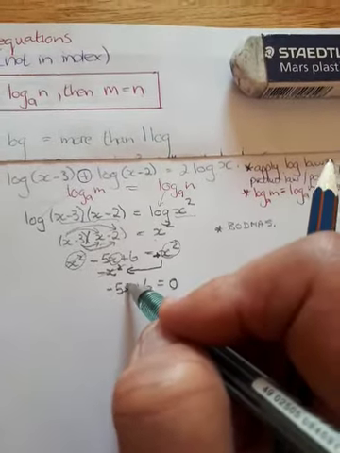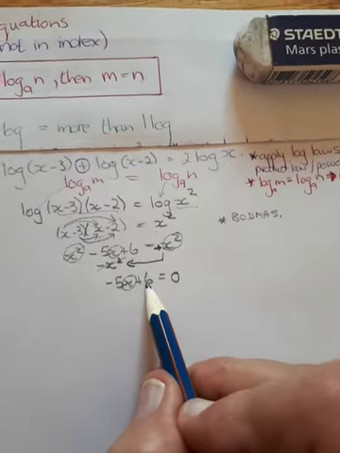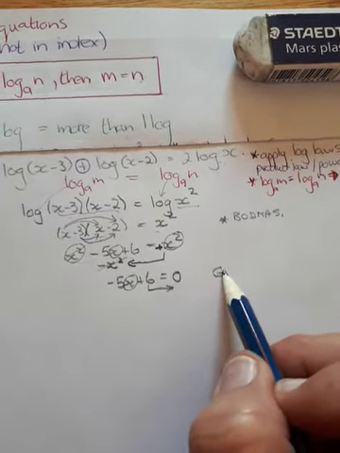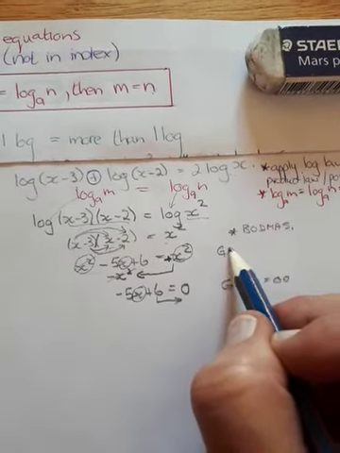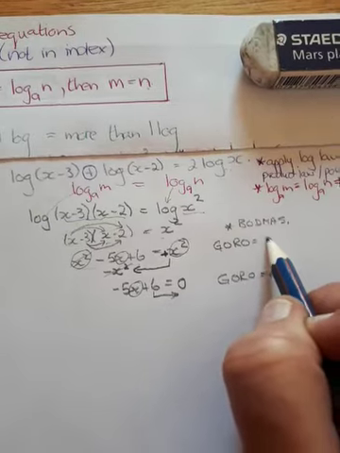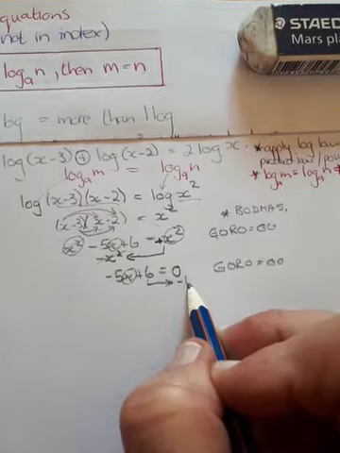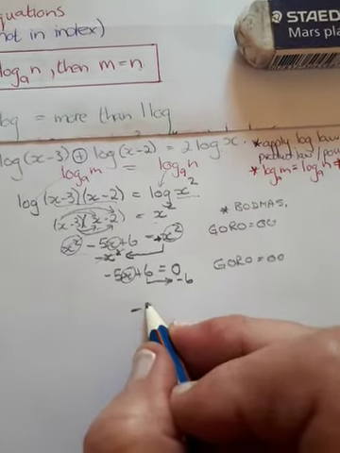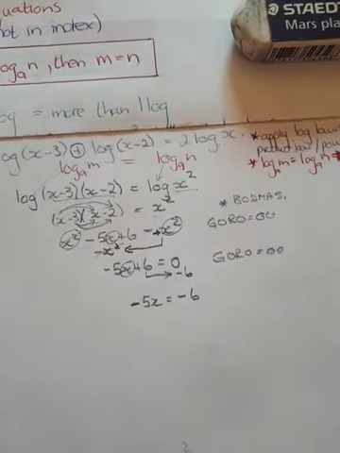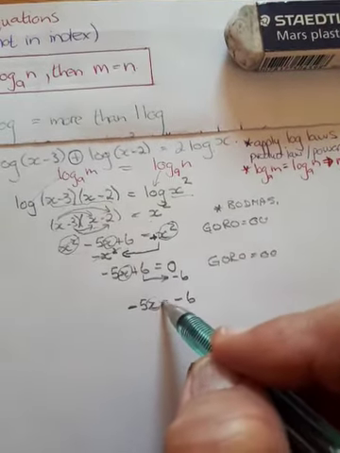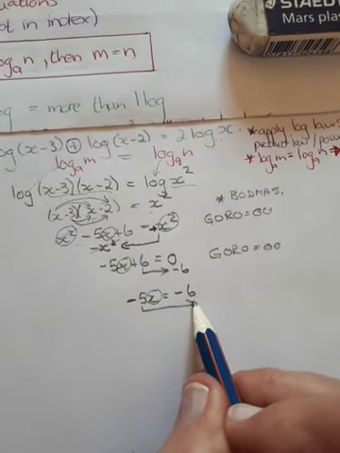Remember, I want to isolate x because I want to find the value of x, meaning I'm now going to simply do Gr10, as we did in the previous step. The 6 is positive here, it will become negative there. So negative 5x equals negative 6. Now again, we want to know what x is, therefore we're going to move the negative 5.